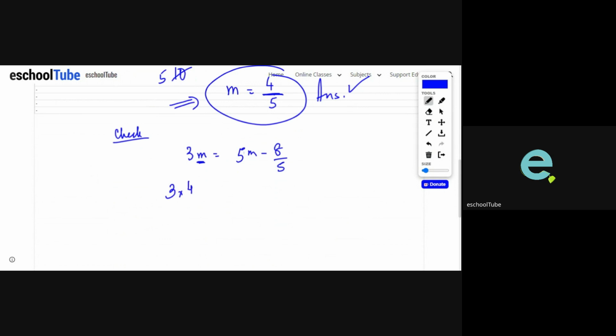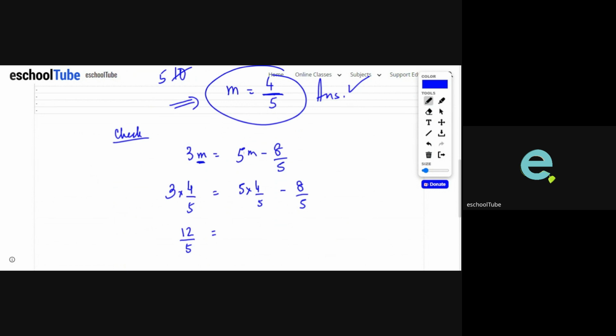So write 4/5. 5 multiplied by 4/5 minus 8/5. Now if you have now replaced m by 4/5, now if left hand side is equal to right hand side, that means your answer is correct. तो लेफ्ट हैंड साइड क्या मिला आपको? 12/5.